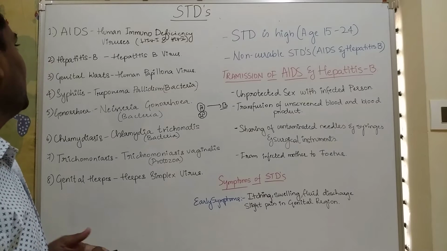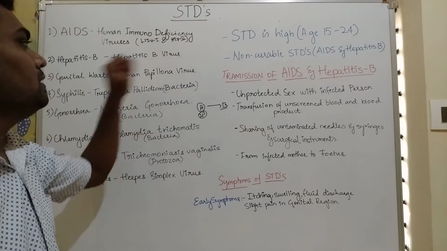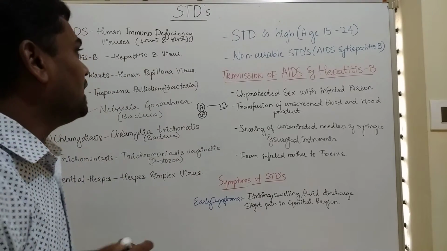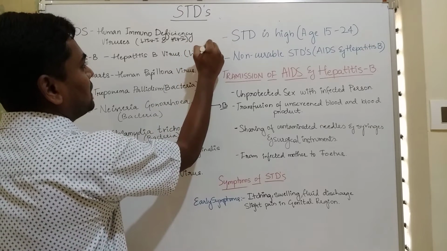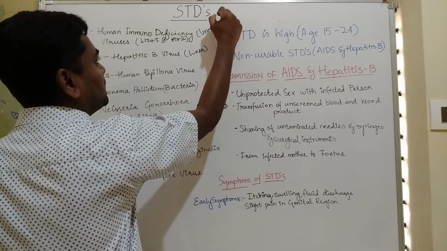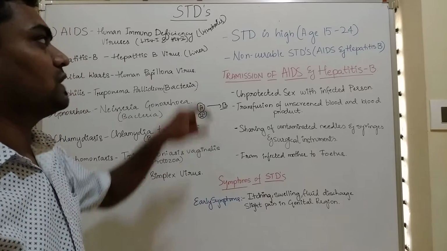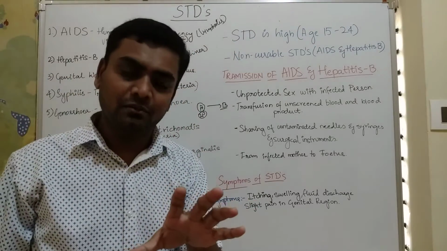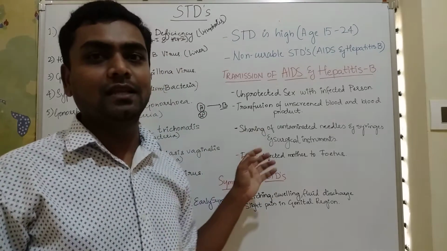Next, hepatitis B is caused by the hepatitis B virus. It is also a very dangerous virus. This will usually affect the liver, while AIDS will affect lymphocytes. In the exam there may be chances of asking, AIDS will affect what? Lymphocytes initially. It will not affect the urinary tract, meaning genital parts, penis or vagina.